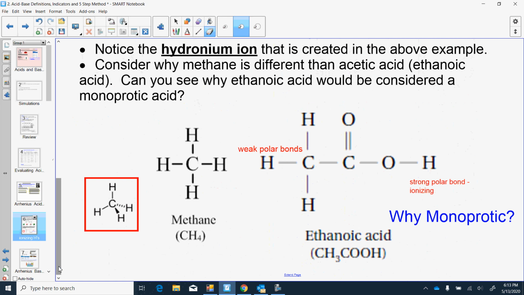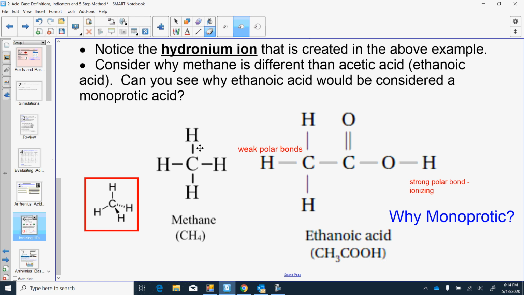If you take a look at methane and you look at these bonds here, if we check the electronegativity on your periodic table between carbon and hydrogen, the electrons are actually quite evenly distributed. They're basically in the middle between these two. And so hydrogen is more invested in this molecule because this bond is not polar. It's a really weak polar bond.